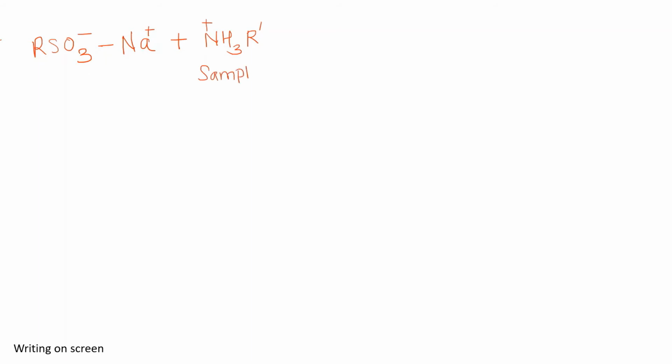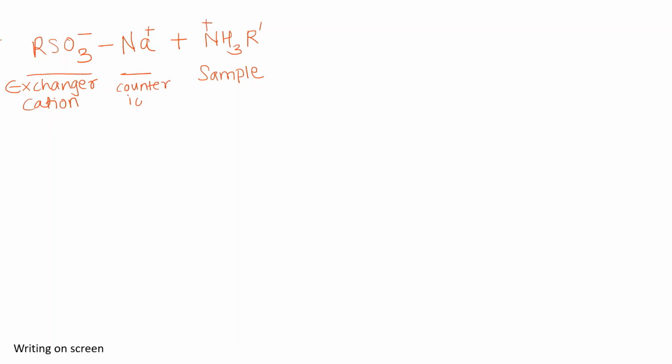So this is the stationary phase present in the column. Now what is our sample? Our sample is a mixture of many positively charged components, and we have to separate them from each other.